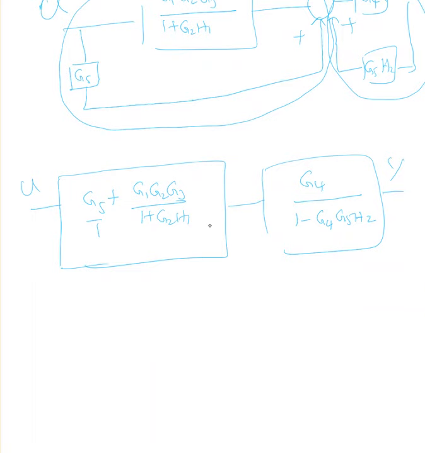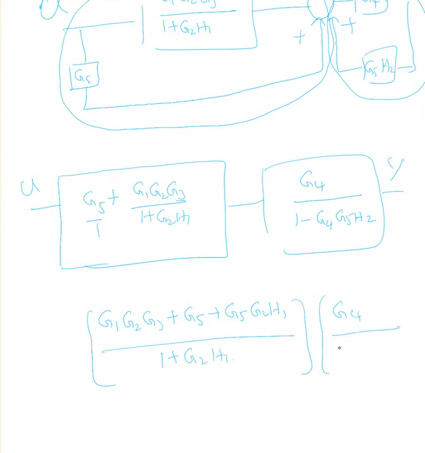Okay, now when I combine these three together, z1, z2, z3 plus z5 plus g5 z2 h2 h1 over 1 plus z2 h1. This is multiplied by z4 over 1 minus z4 z5 h2.